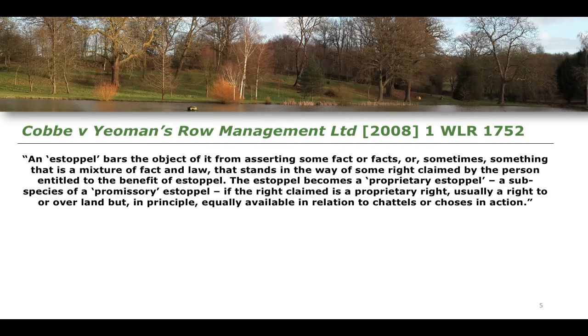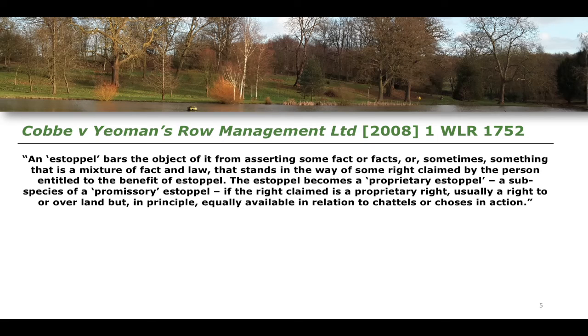The estoppel becomes proprietary estoppel, a subspecies of promissory estoppel, if the right claimed is a proprietary right, usually a right to or over land, but in principle equally available in relation to chattels or choses in action.